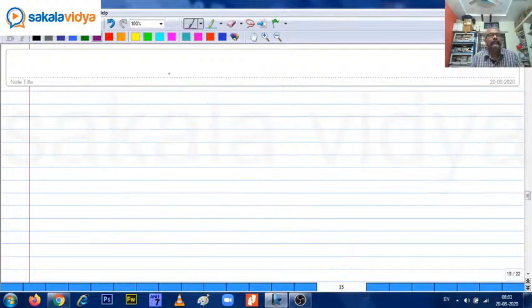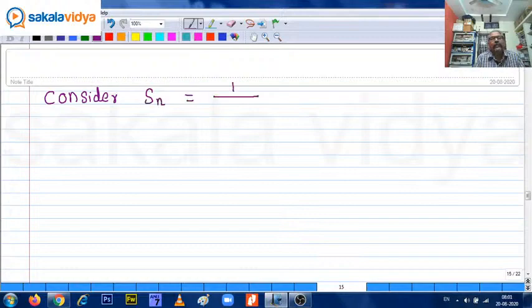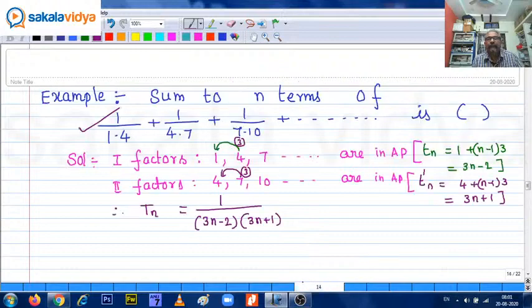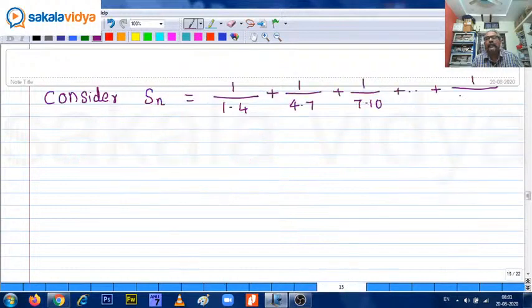So now consider Sn equals 1 upon 1 into 4 plus 1 upon 4 into 7 plus 1 upon 7 into 10 plus so on, up to 1 upon 3n minus 2 into 3n plus 1.